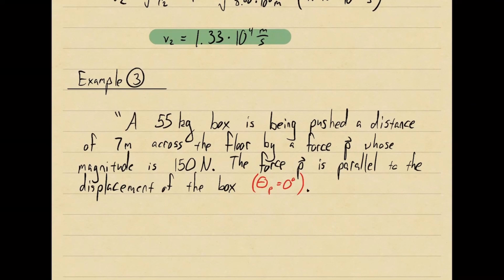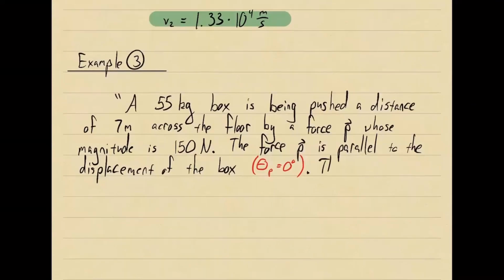So the problem goes on to say that the coefficient of kinetic friction is 0.25. So let me actually just write that, coefficient of kinetic friction, 0.25. Easier to write in symbols than it is in words.